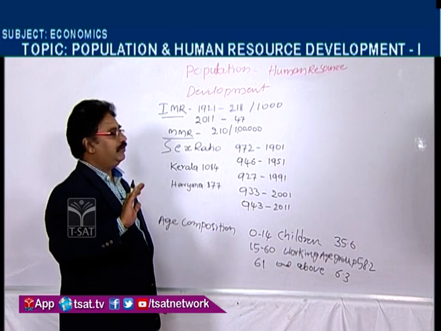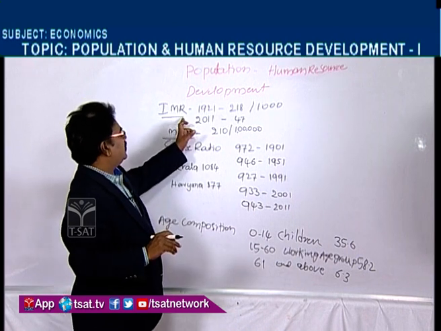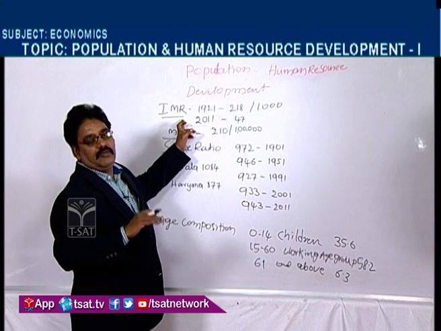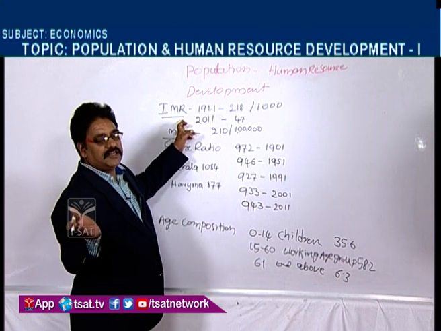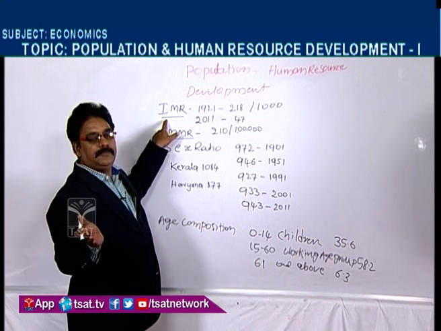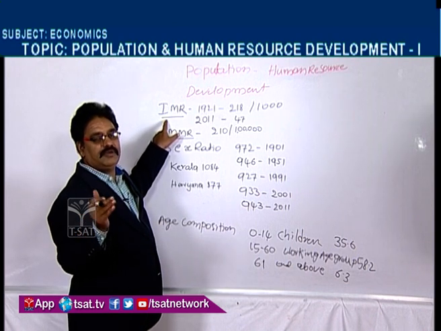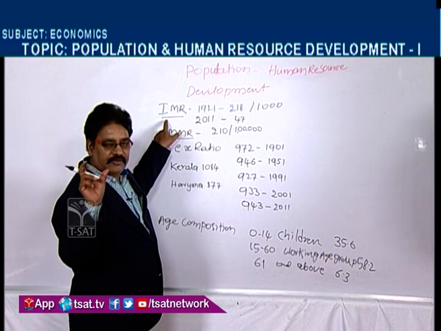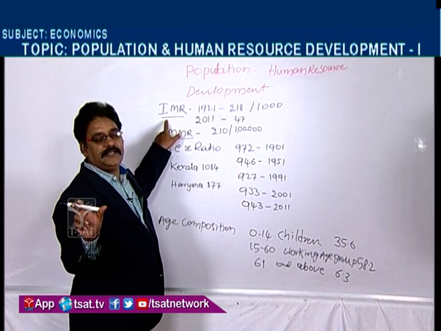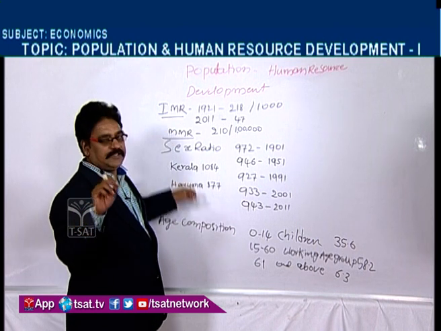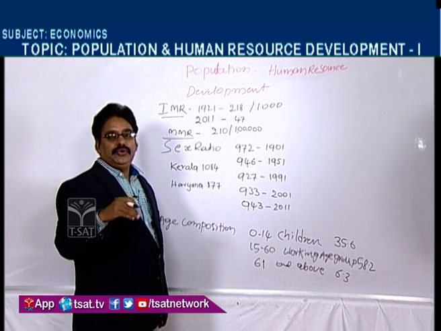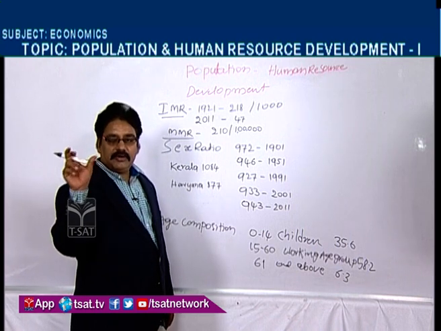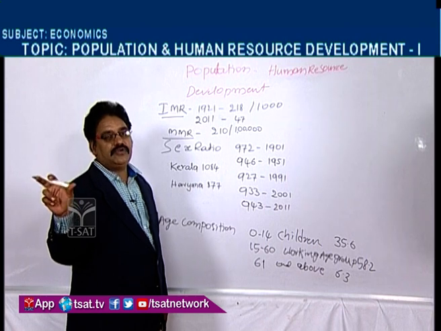The ratio of the number of deaths among every 1,000 newborn children is called IMR. Death rate is the ratio of the number of deaths for every 1,000 population in a country, and birth rate is the number of newborns among every 1,000 population.